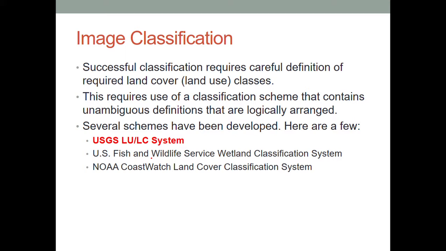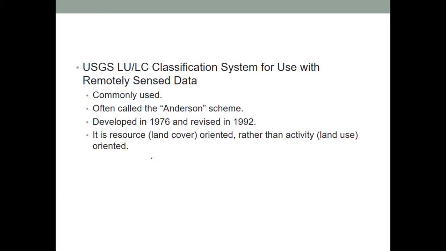So in Malaysia, we basically use the USGS LULC system by Anderson, which has been modified to fit local needs. Okay, this is commonly used, where it is resource oriented rather than land use oriented.